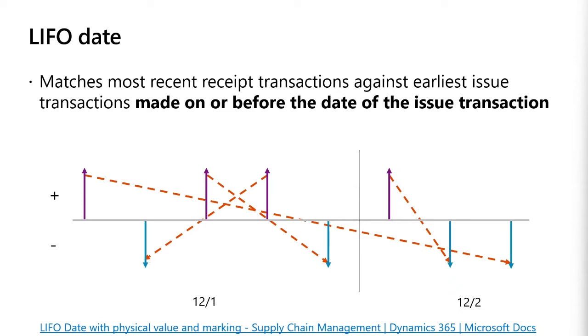This ensures that the issues on 12/1 are matched to the receipts that occurred on or before 12/1. When you use the LIFO date inventory model, if there is no receipt before the issue, it is settled against any receipts that occur after the date of the issue. It's also important to note that if you have several issues on the same date, they can be settled in the order of the last issue and then the last receipt.